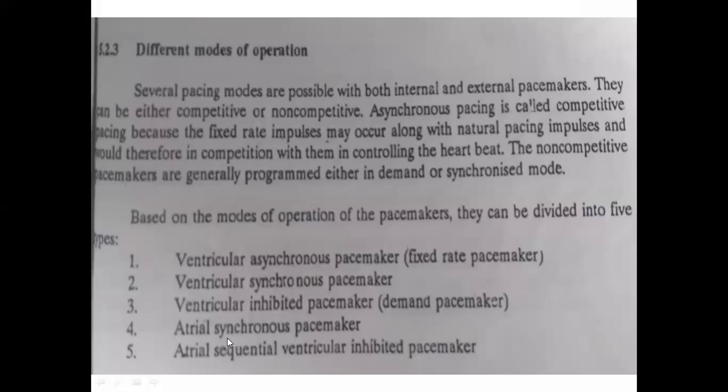And the atrial synchronous pacemaker, and the atrial sequential ventricular inhibited pacemaker. Here we produce pulses for both atrial and ventricular in sequence, whereas in the previous cases it is only ventricular or atrial.